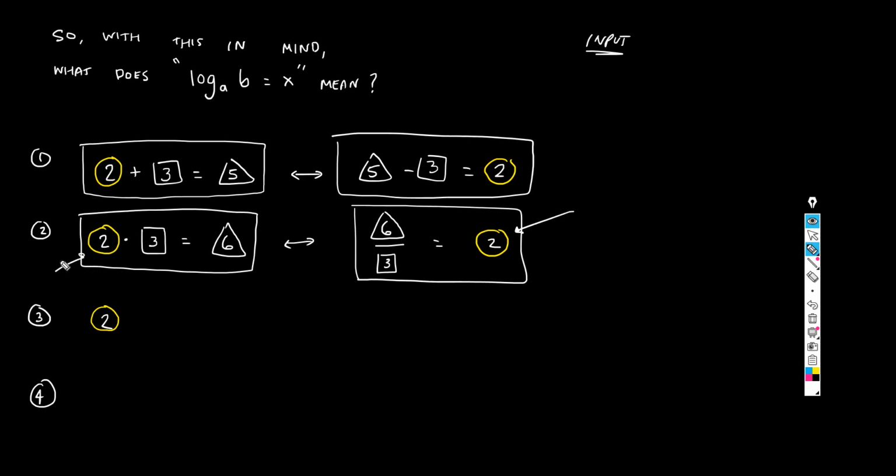You see, the number 2 comes in at this point. 2 times 3 equals 6 is equivalent to saying that 6 over 3 equals 2, going back to my original input in the first statement. You see, very simple again.